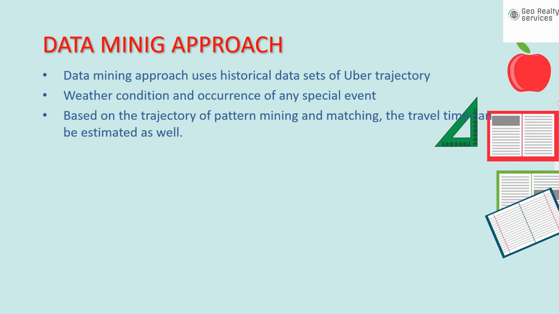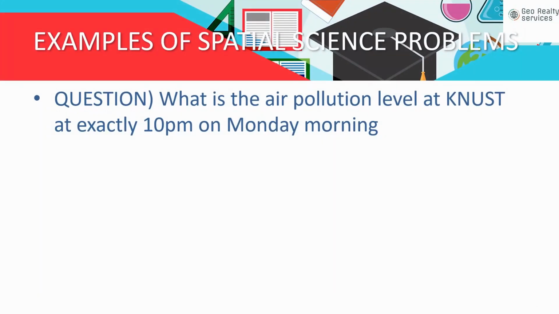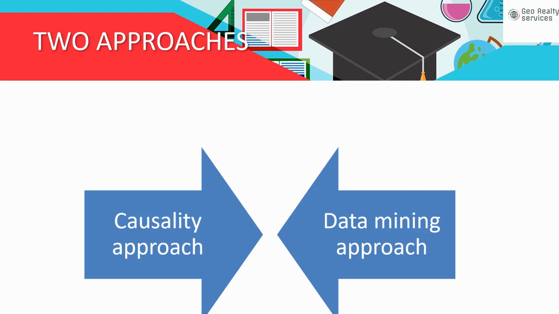The next question is, what is the air pollution level at KNUST at exactly 10 o'clock on Monday morning? There are two approaches in answering this question. One is the causality approach and the other one is the data mining approach.